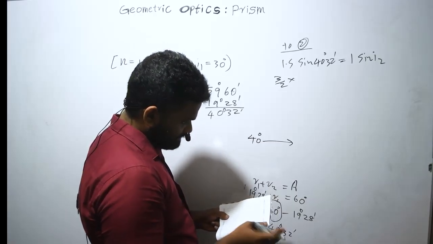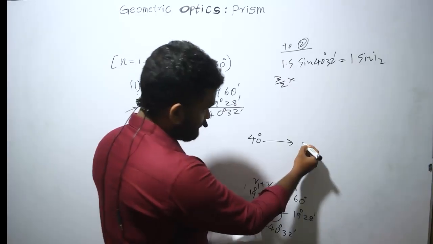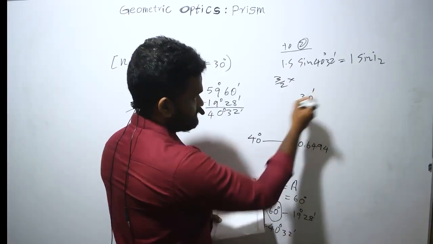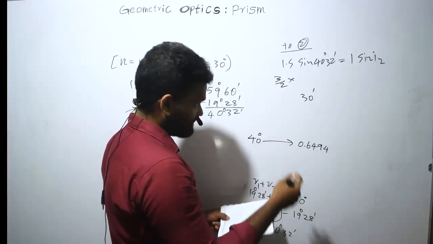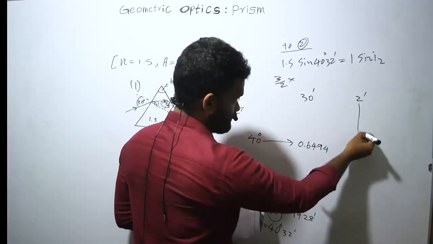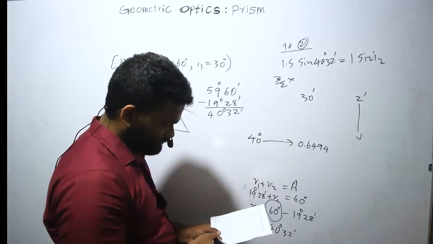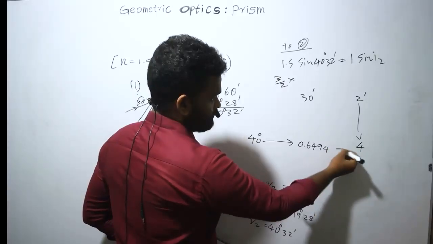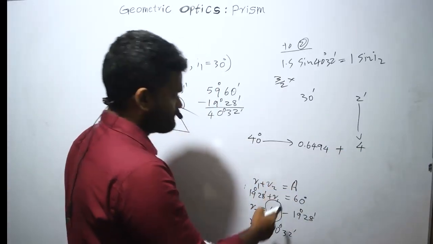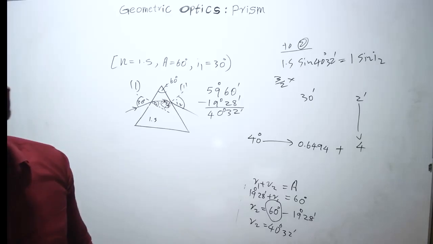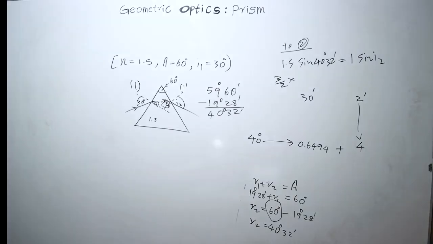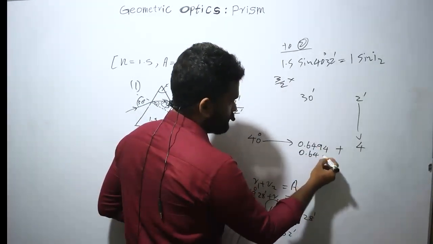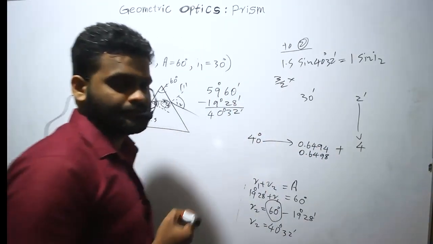We have 30 minutes, so for 30 minutes it is 0.6494. But we need another 2 minutes. So for 2 minutes we have 4. You just have to add this 4 to this one. Then you get 0.6498.